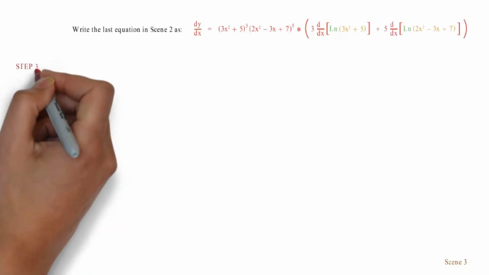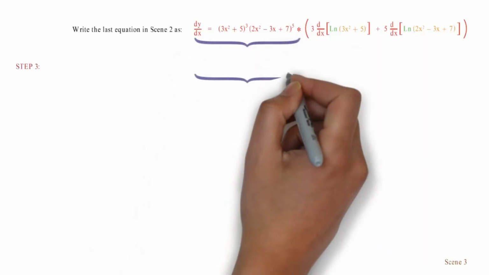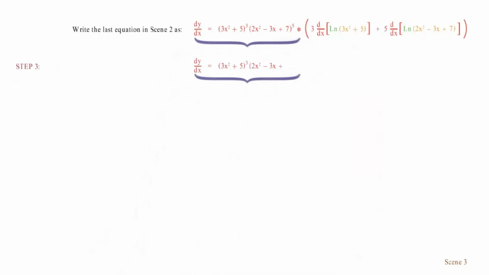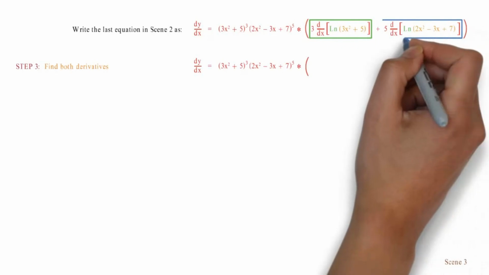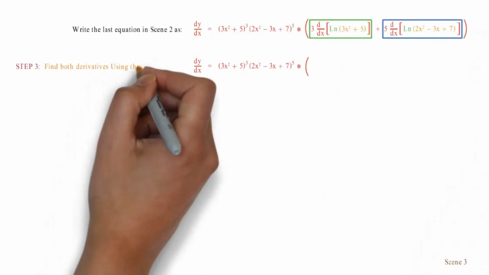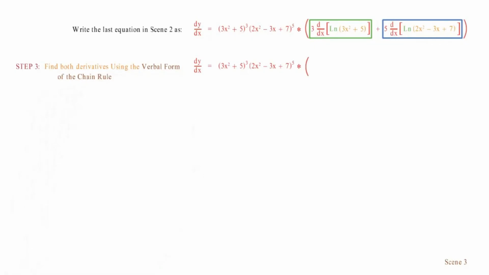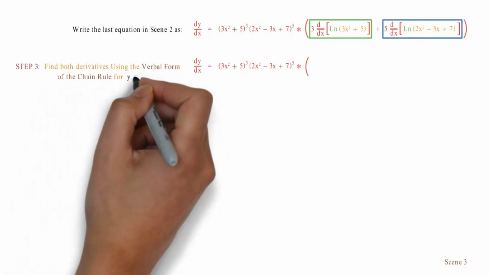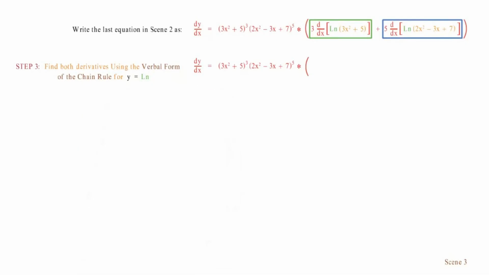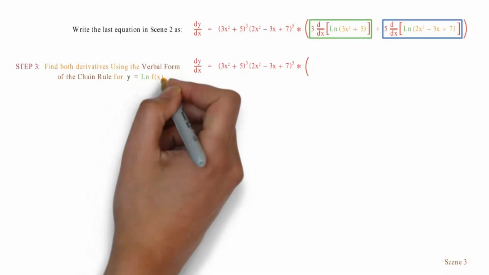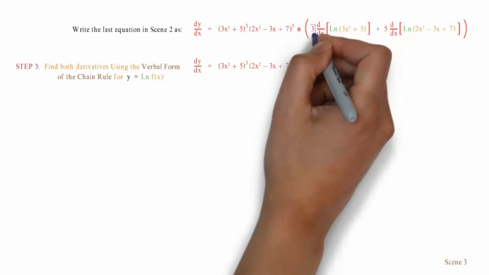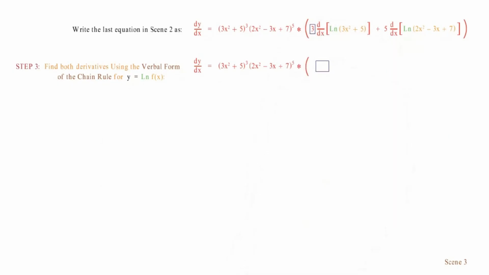Step 3. Bring down. Find both derivatives. Using the verbal form of the chain rule for y equals ln of f of x, bring 3 down as 3 times.